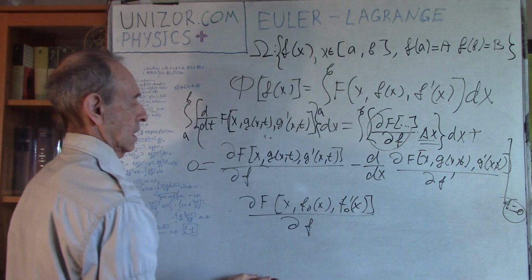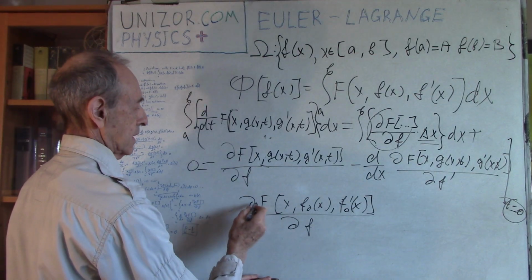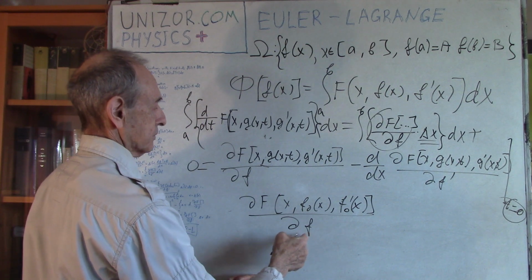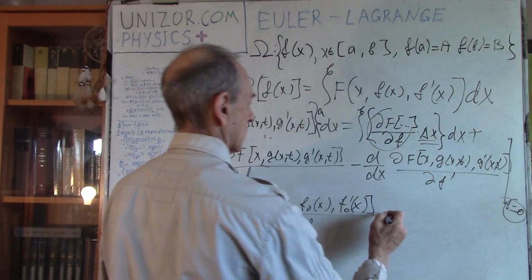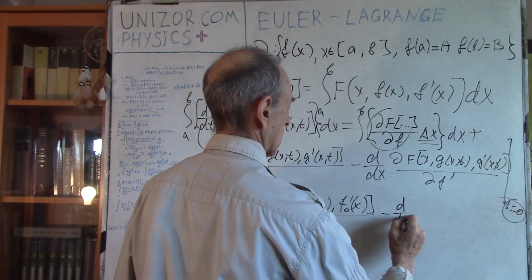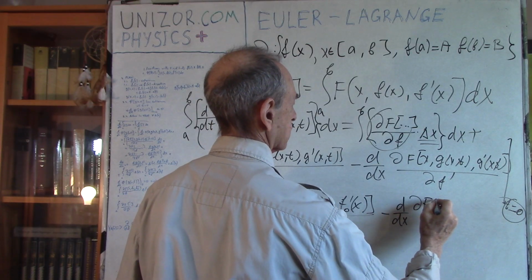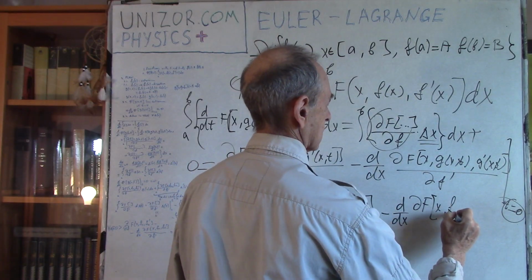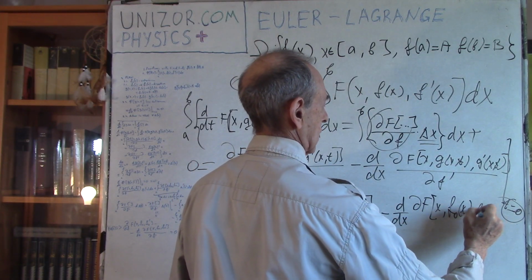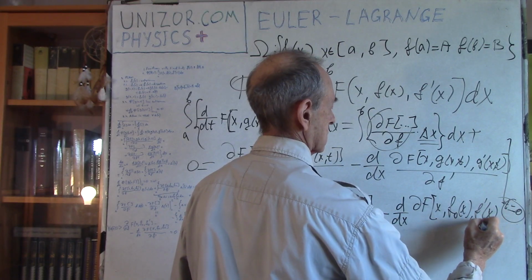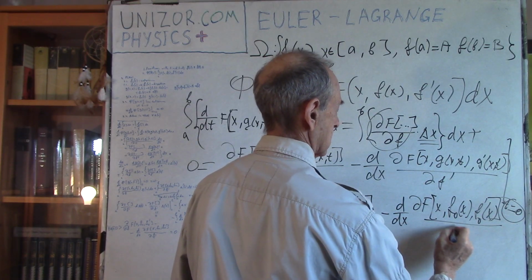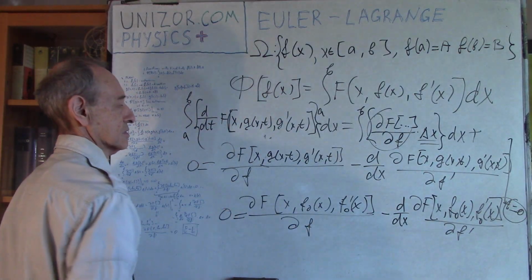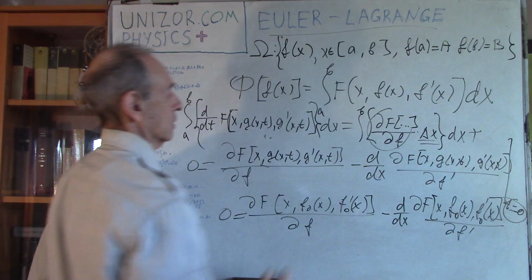So that's the partial derivative of capital F with argument f at f equal to f0, minus d by dx of dF of x, f0 of x, f0 prime of x by the third argument. And this is supposed to be equal to 0, and this is the Euler-Lagrange equation.